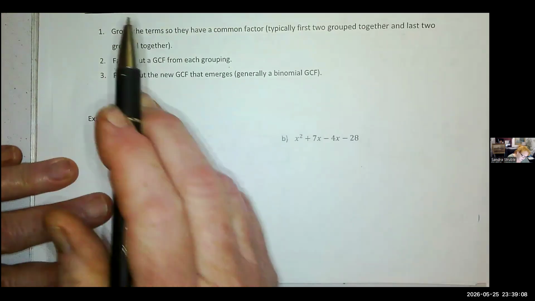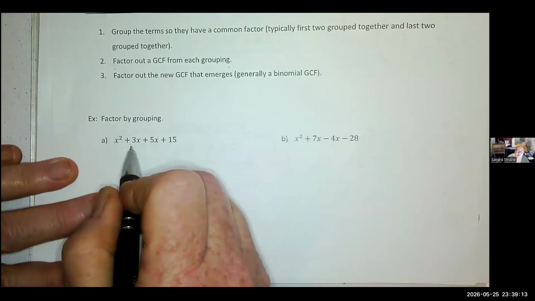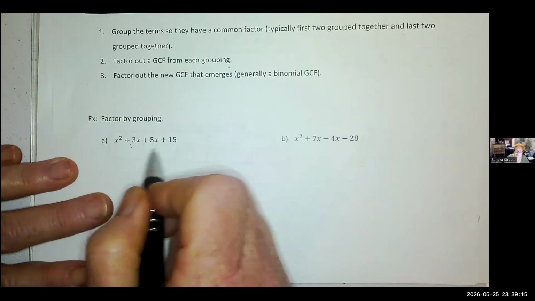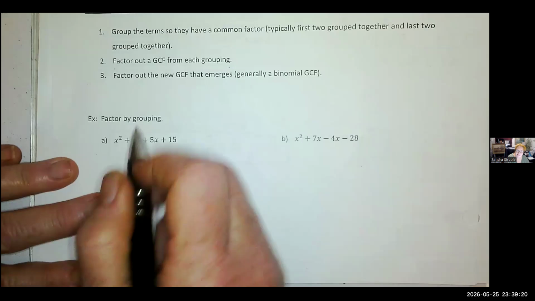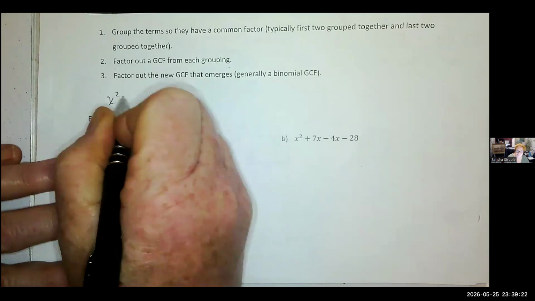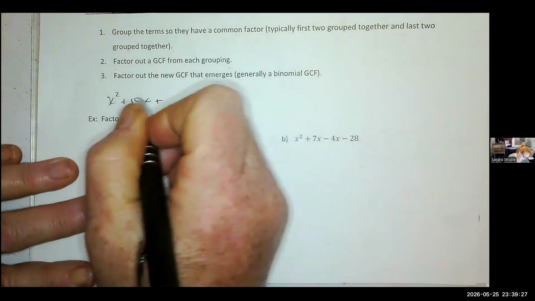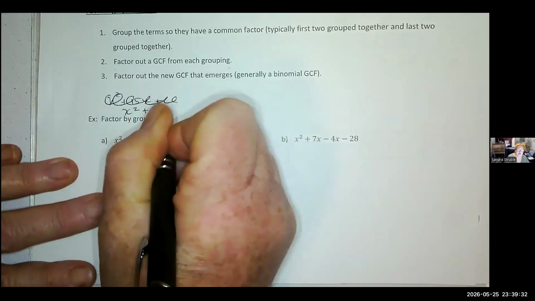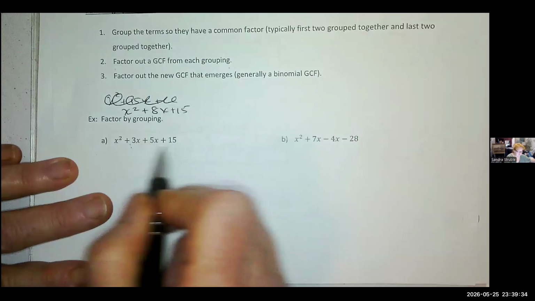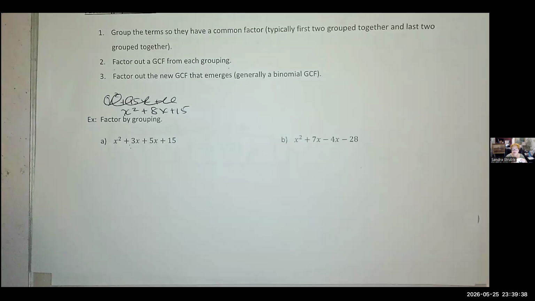Also notice you could combine these like terms, but they're wanting you to understand that you can take, so say this was x squared plus 8x plus 15, and they're wanting you to see that you can factor this by separating that 8x into 3x and 5x.